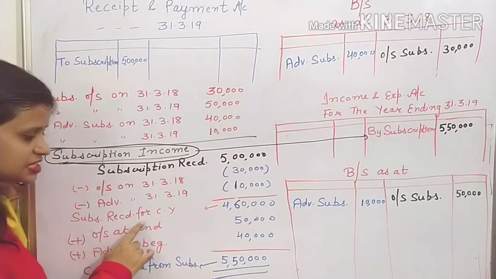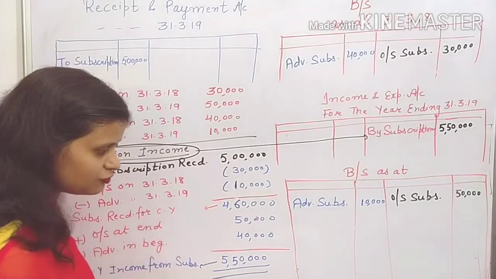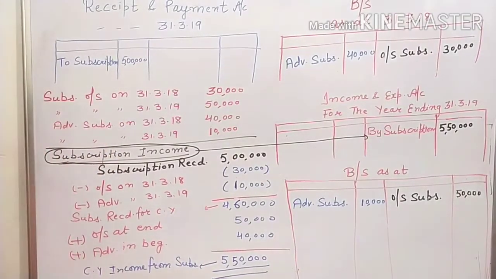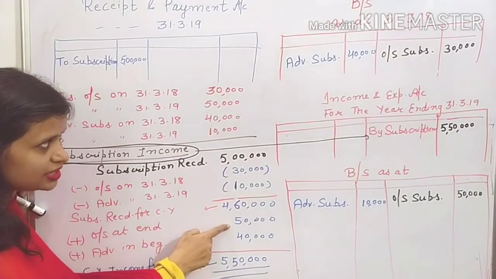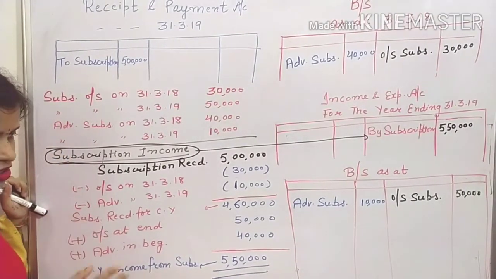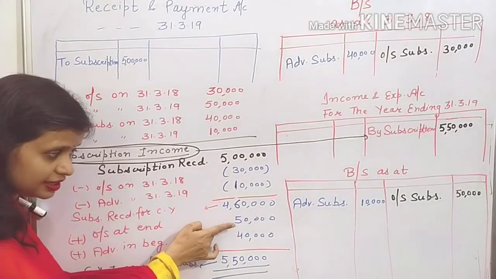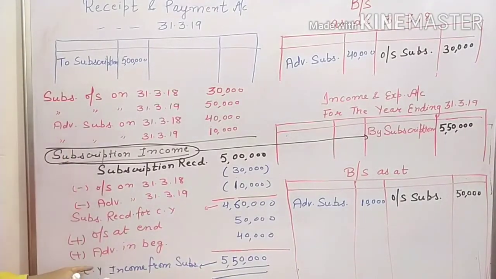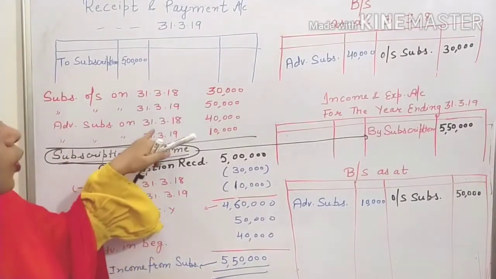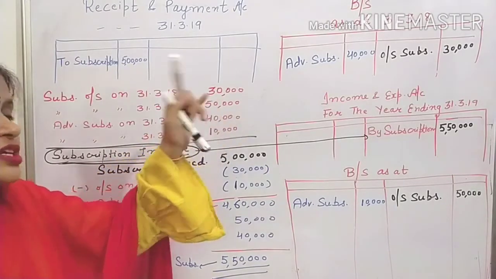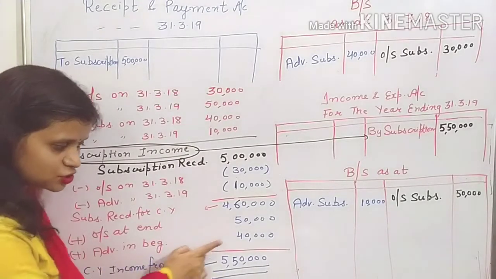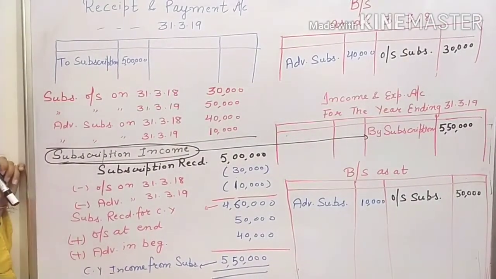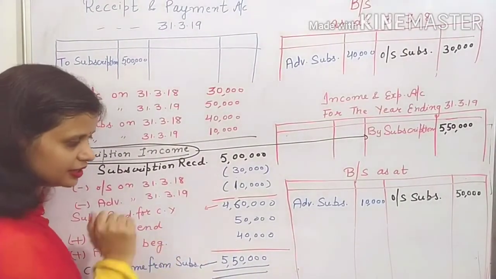So subscription received for the current year will be 4,60,000, and subscription of 50,000 is still to be received. It is still outstanding, so it will be added. It is the current year outstanding subscription. And for the current year, you have already received 40,000 in the previous year. That is advance in the beginning. This relates to the current year, so it will be added to the subscription income of the current year.